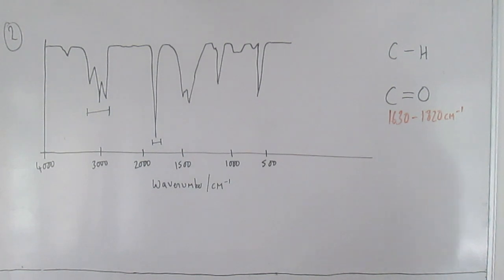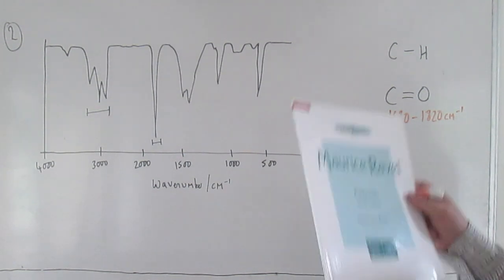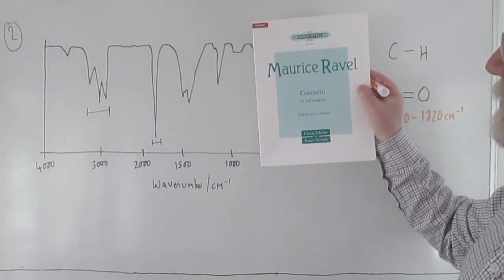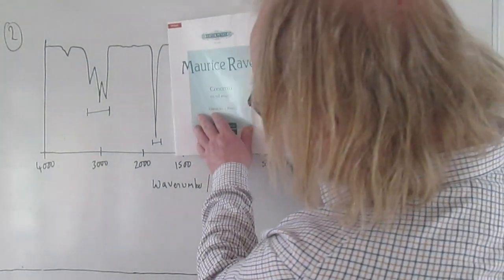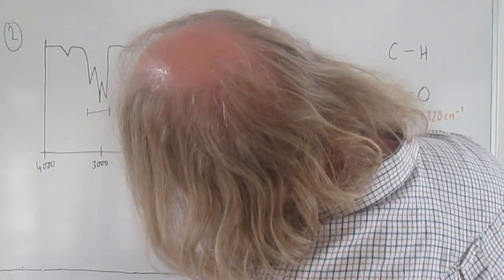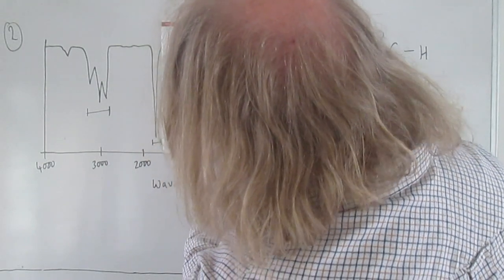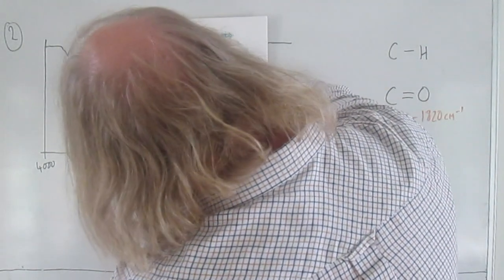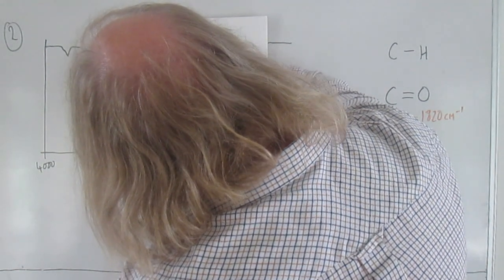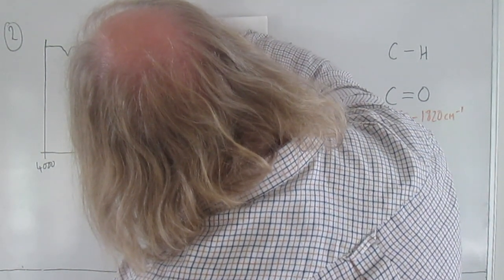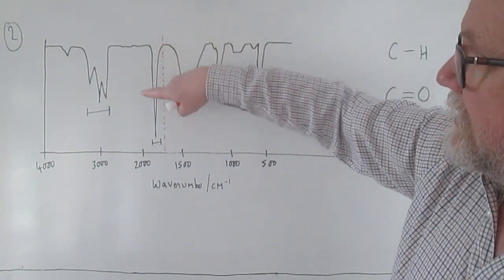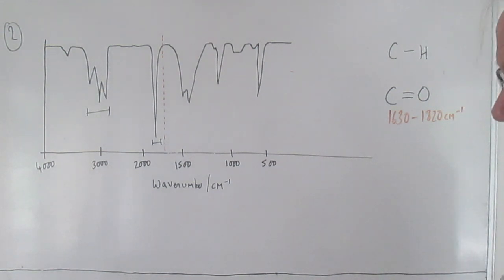So what you do is take some kind of set square or similar, so I'm using some Ravel, other composers are available, and you just put this along until you come to 1630 wave numbers, and you just draw a line. Just sketch it on there like that, and check that that really does bracket the peak, and then the same at the other end.